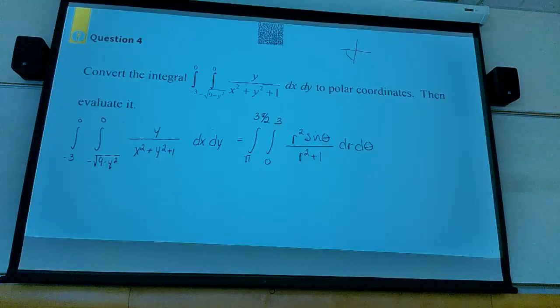And this is a polar rectangle, so you can just easily flip the order. So you're not wrong if you do that. You could do r first. But then you have to keep carrying that sine through. So why not just get rid of it by integrating with respect to theta first?